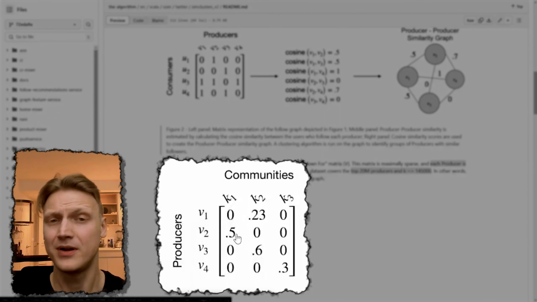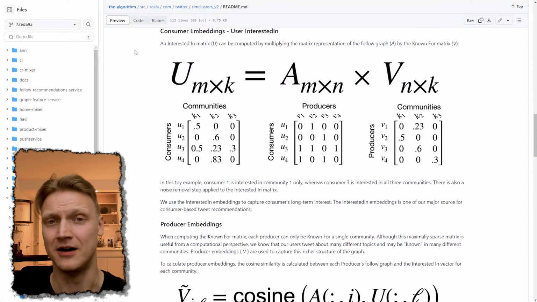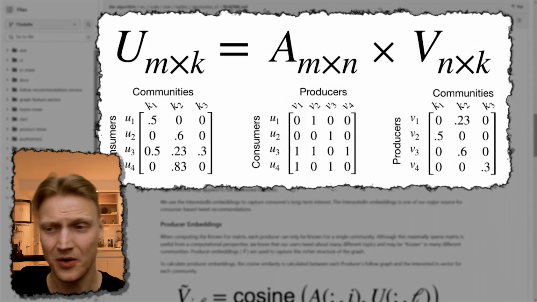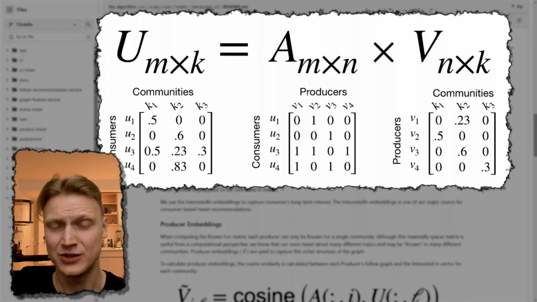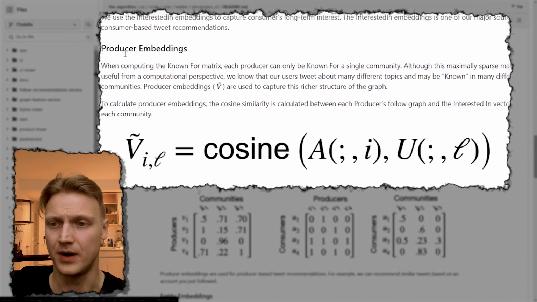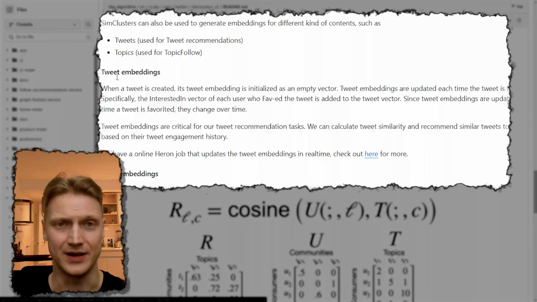In the second stage, they calculate representations of various items and user groups, or I should rather say affiliation strength with various communities. And they do that for consumers, for producers, and for various items here.